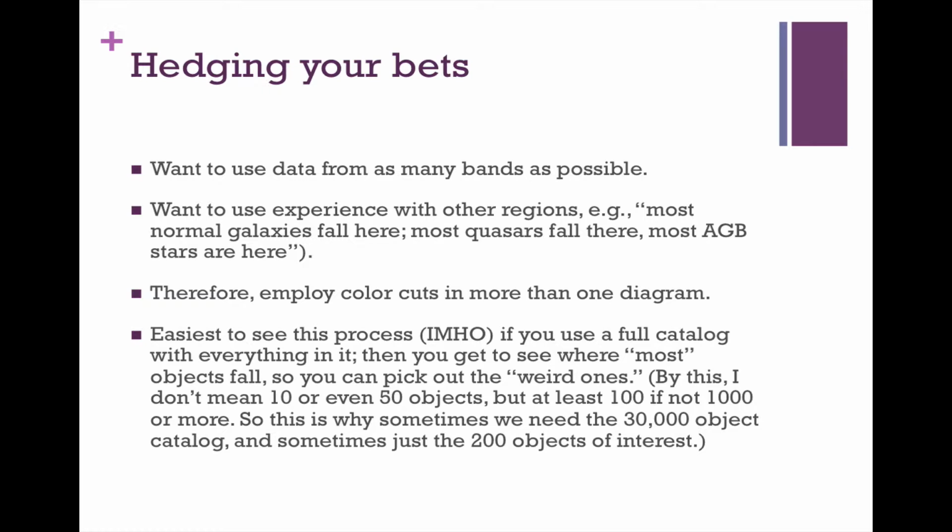And so you want to use color cuts in more than one diagram. And if you want to work on this yourself, you need to use a big catalog so that you can see where most objects fall and then identify the odd ones. But I don't mean 10 or 50 objects, but I mean 100, 1,000, 10,000 objects so that you can see where the weird ones fall.